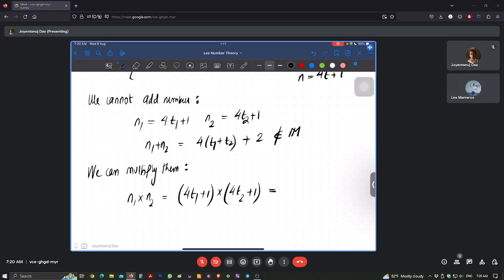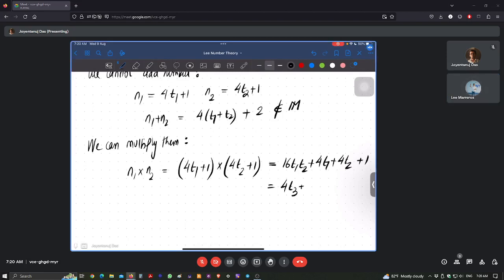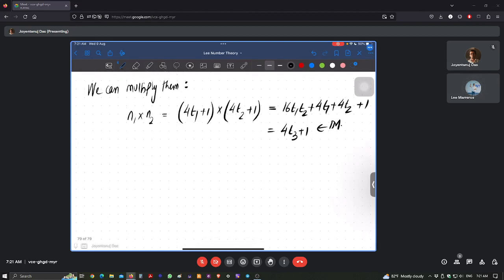If we multiply them, then 16 times t1 t2, then 4 times t1, 4 times t2, plus 1. So this is 4 times some t3 plus 1, right? So that belongs to M. So multiplication is allowed, right?